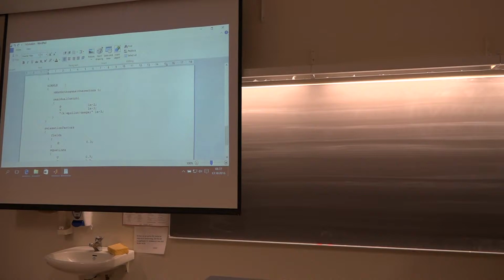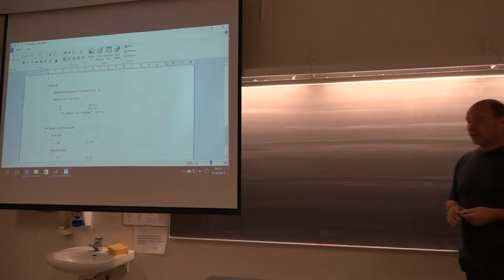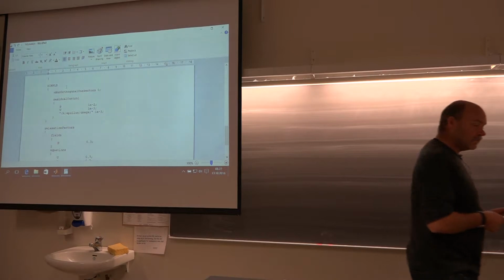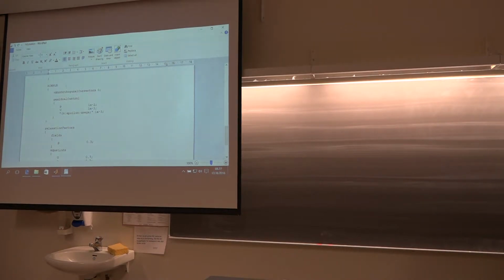And also which algorithm should be used to solve the entire Navier-Stokes, the coupled problem, velocity and pressure all at once. Here is something called the SIMPLE algorithm, which we are going to address today. Here you also see the non-orthogonal correctors.